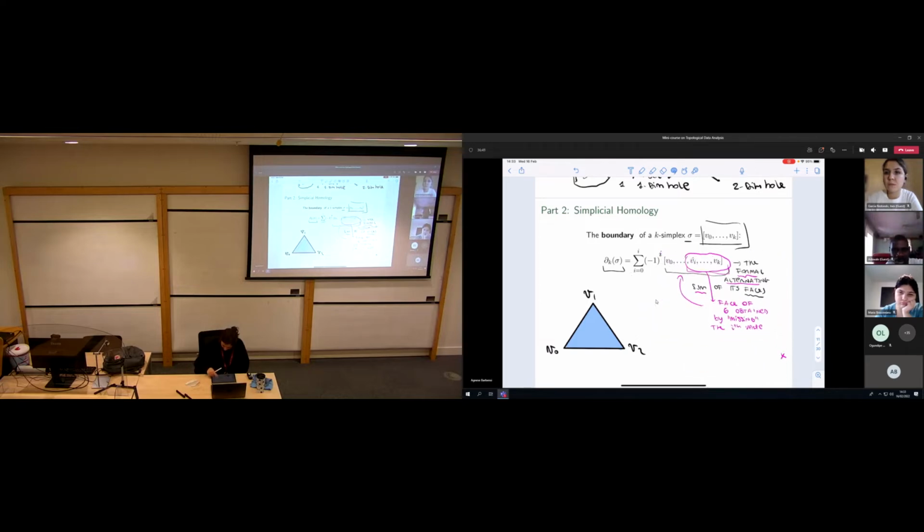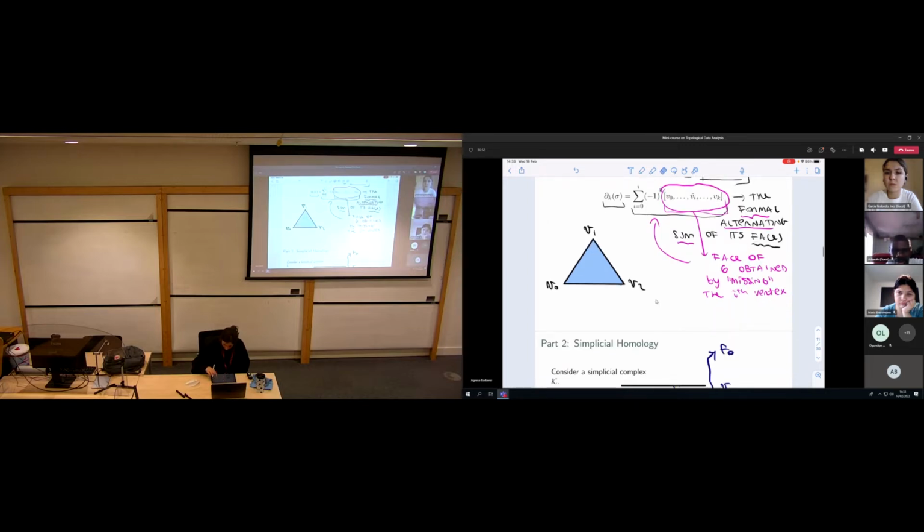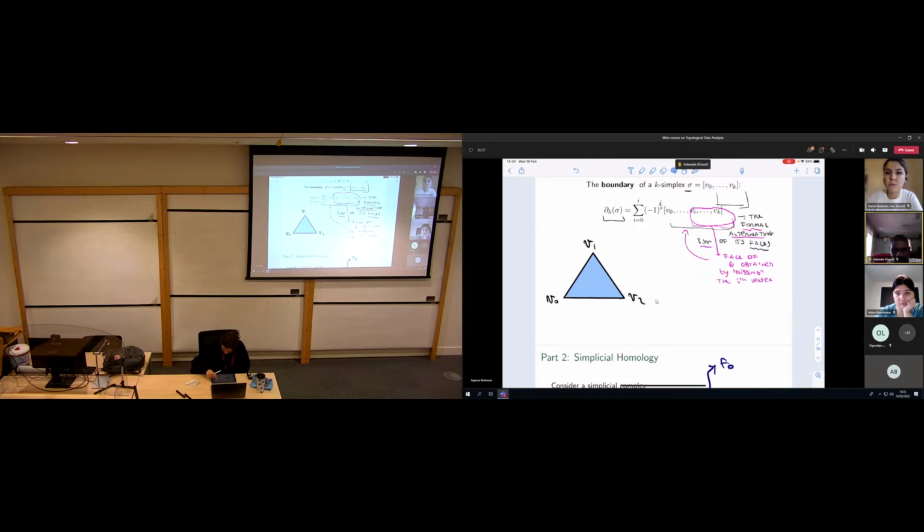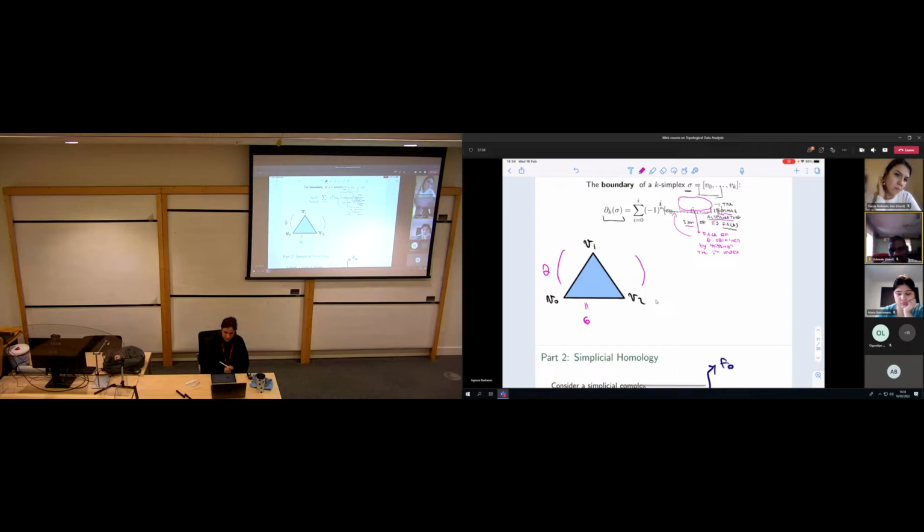Let me make this smaller very quickly. All right, and let's see what is the boundary of this simplex sigma. The boundary, following the definition, is going to be the alternating sum of its one-dimensional faces.